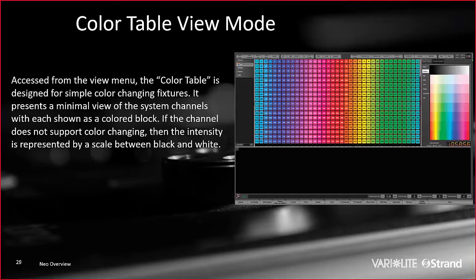And this is designed to just show you the hue output of simple color changing fixtures. It really presents a minimal numerical view, so you're not going to see level information appear in a number. They will be shown in these colored blocks, and intensity will be represented with scale.